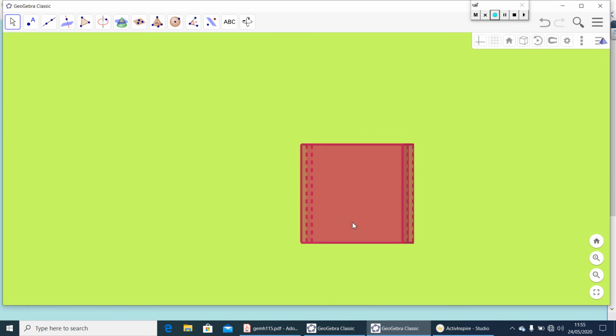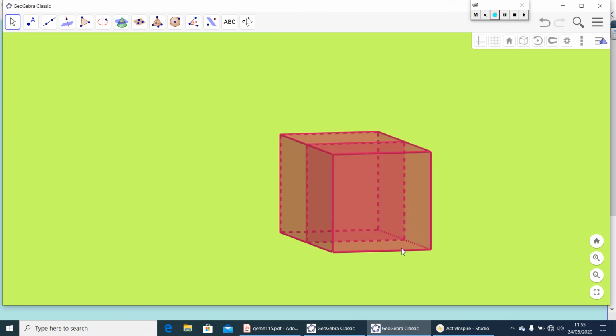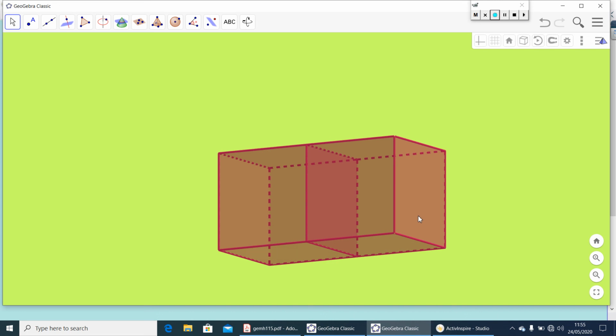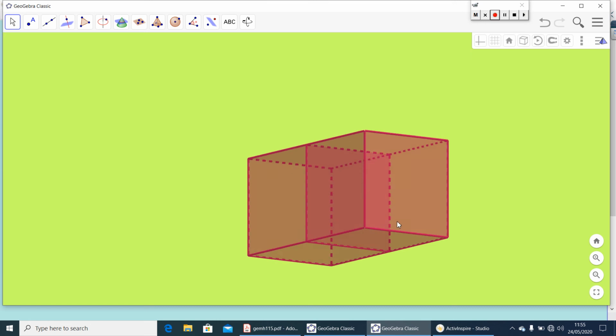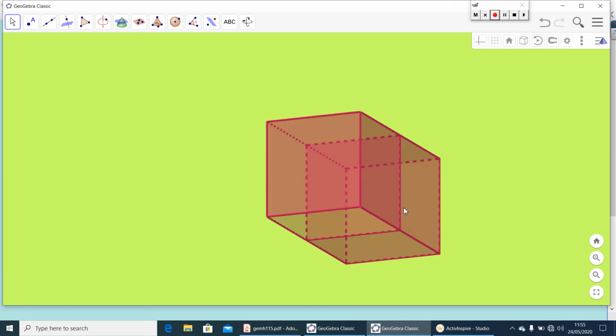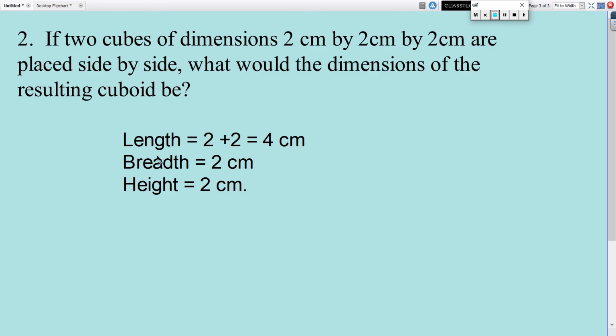And what will be the breadth? Breadth will be the same, and the height also 2. So length is equal to 4, breadth is equal to 2 and height also equal to 2. So you can write length is equal to 2 plus 2, 4 cm, breadth is equal to 2 cm and height is equal to 2 cm.